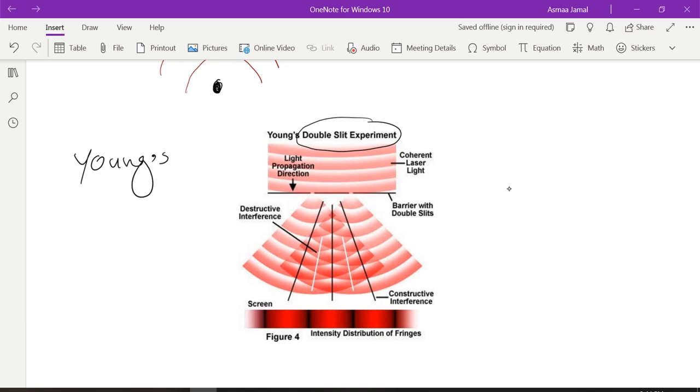He brought a source of light and put a barrier, an opaque barrier with two slits or two openings. The light will move in this direction and then will pass through these openings. This experiment proves that light is really a wave.